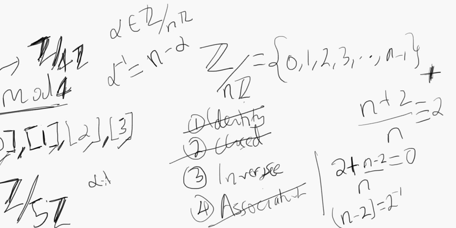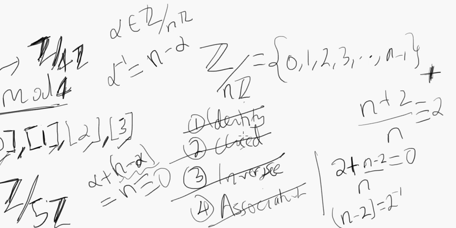Because alpha plus n minus alpha is going to give me alpha minus alpha, which gives 0, so now I have n, right? And n divided by n equals 0, right? And so alpha plus n minus alpha is really congruent to 0, which would mean that n minus alpha is the inverse of alpha, right? So everything has an inverse, and the inverse is also an element in there, right? It kind of makes sense, doesn't it?